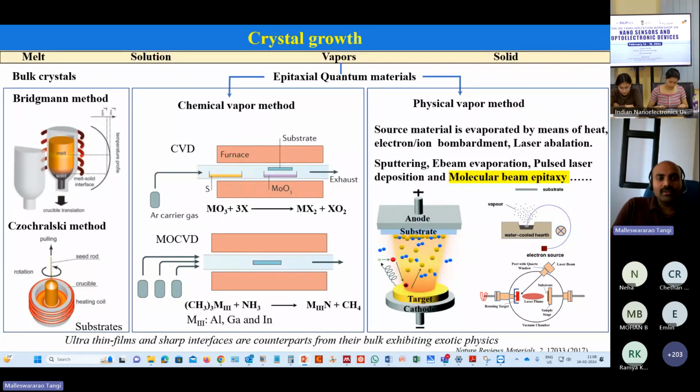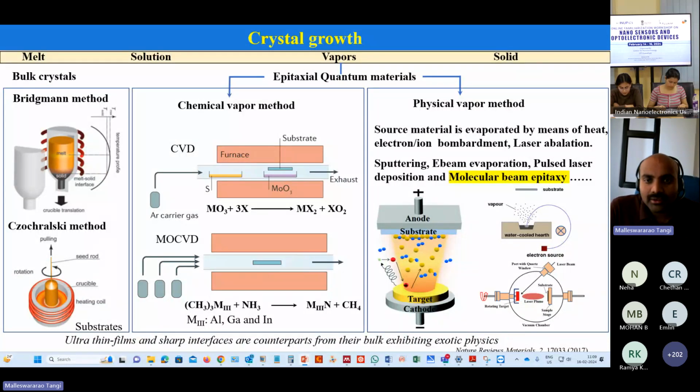Using the melt method, we can grow bulk crystals using the Bridgman and Czochralski methods, where we use a seed layer and supercool the melt on it to get bulk crystals, which we can thin down and use as substrates.